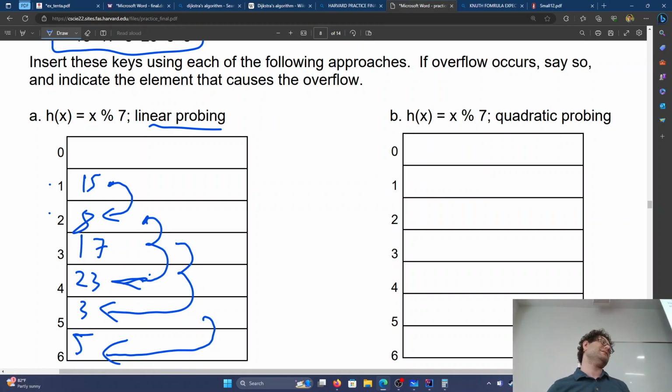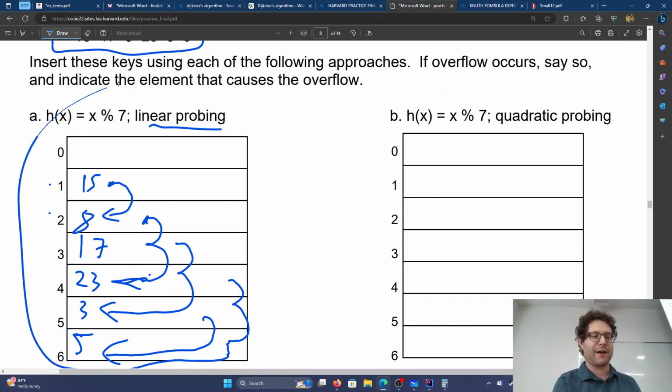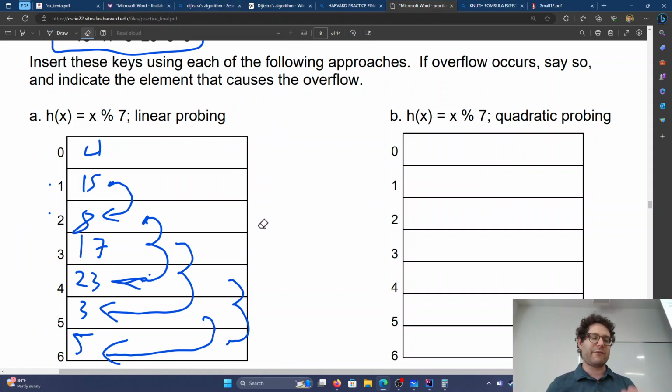Now, what happens if I wanted to insert something like 4 in this case? I would try to insert here, I would try to insert here, and then do I crash? No. I go and look around. In reality, you loop back around, and you're never going to fill it up quite like this.